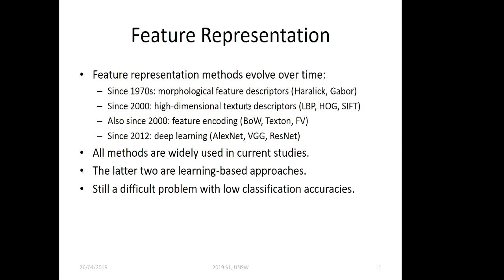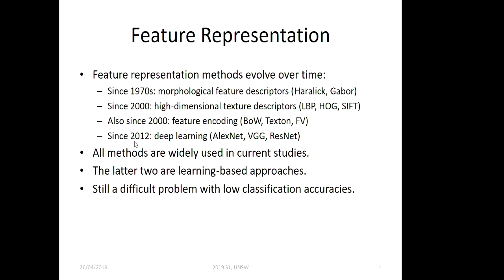At the same time, most of the approaches can't just rely on these descriptors. They need a certain type of encoding technique to represent the whole image, and that is called feature encoding. I will go into some more detail about these descriptors and the encoding techniques.